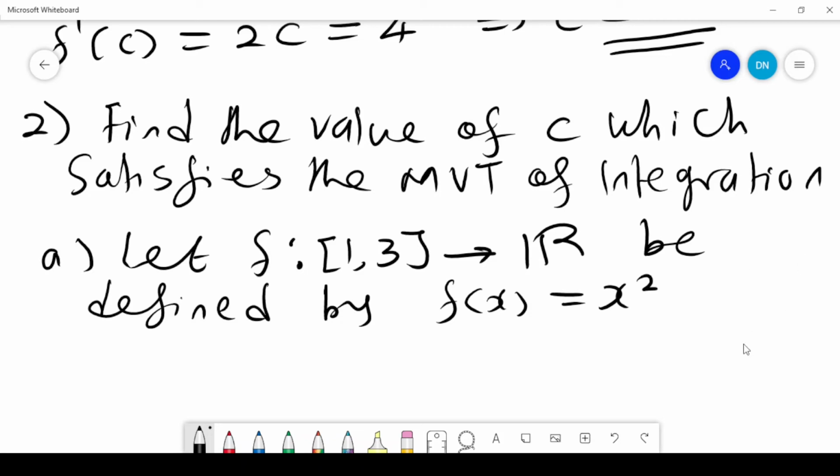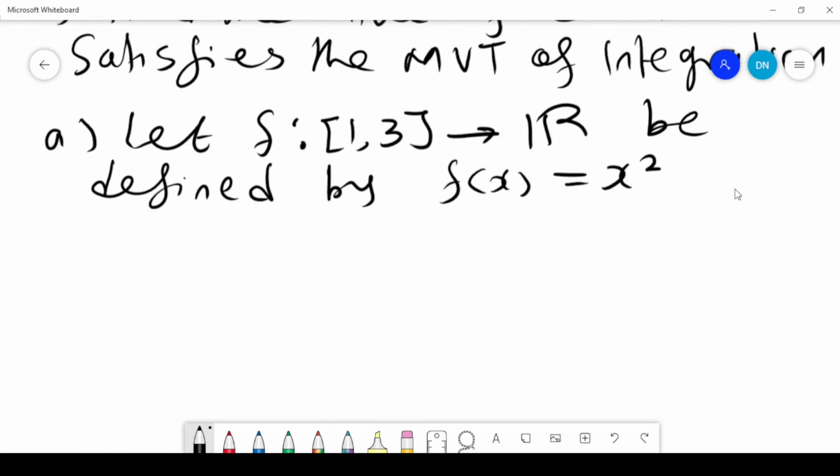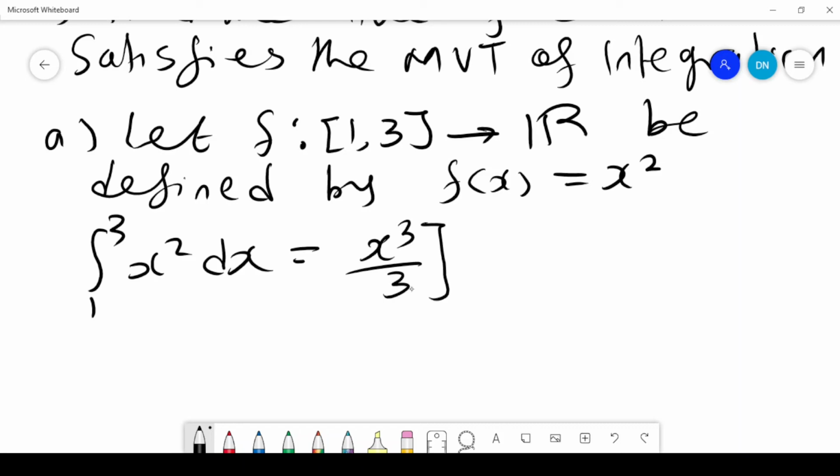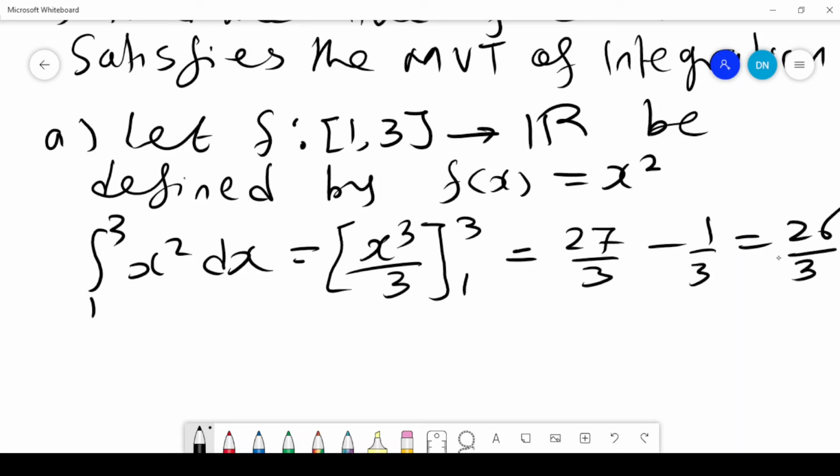So based on the mean value theorem of integration, what we have is the integral from 1 to 3 of x squared dx, which is x cubed over 3 from 1 to 3, and this basically means it's 27 over 3 minus 1 over 3, which is 26 over 3.